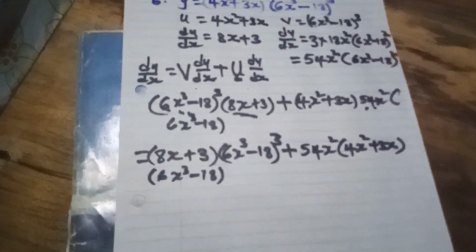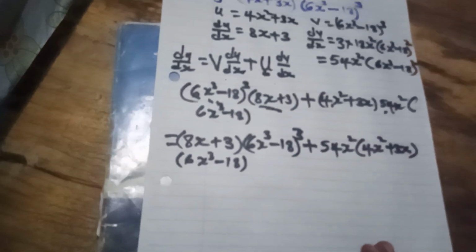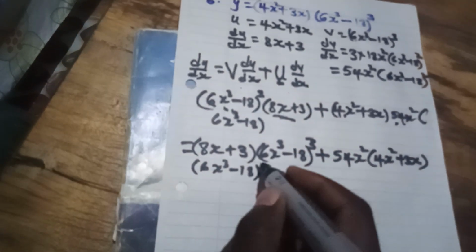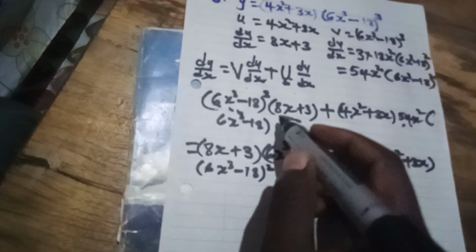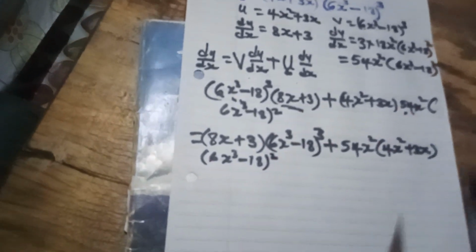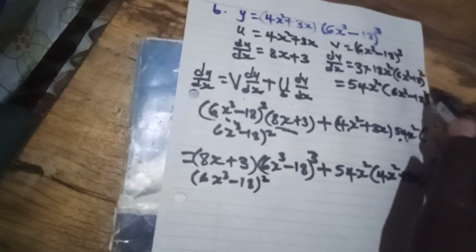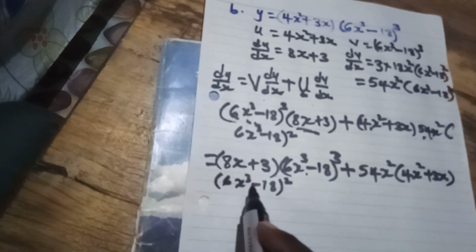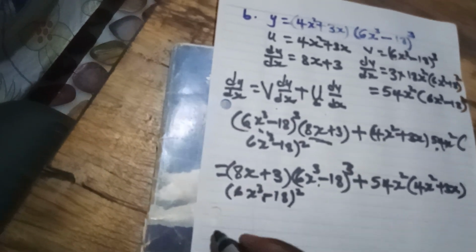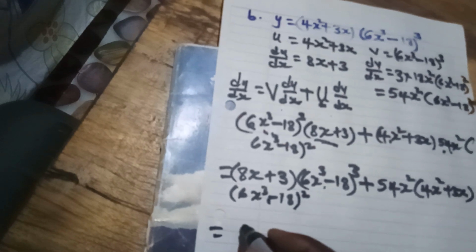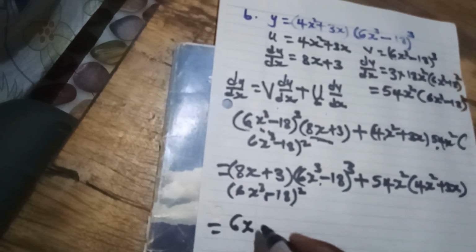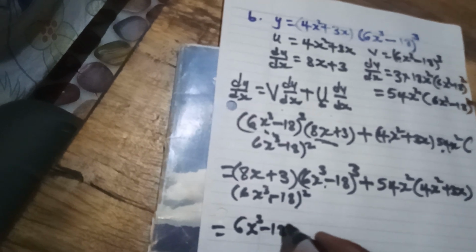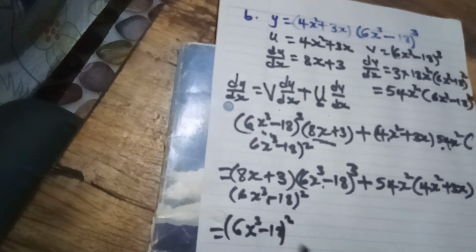Then in doing that, we will now look at the common factor, common terms. We have this one was squared, this was squared, it was squared from here. Then this one and this one are the same as each other, but the powers are different. So we shall start by having 6x cubed minus 18 squared.